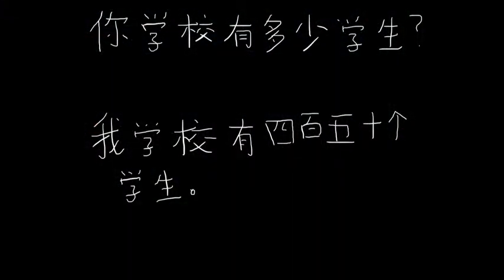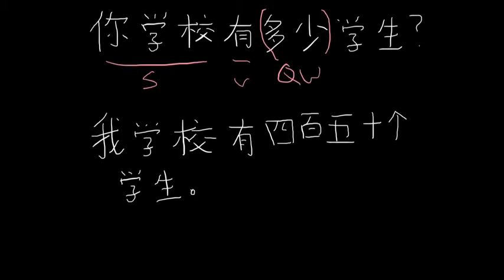All right, so here's the phrase, 你学校有多少学生? So how many students are in your school? The subject is your school, 你学校, which is right there. Then the verb, which is 有, to have, and then 多少 is your question word, which is how many.